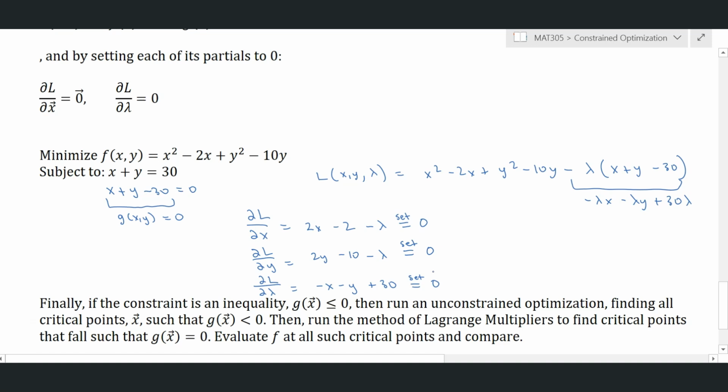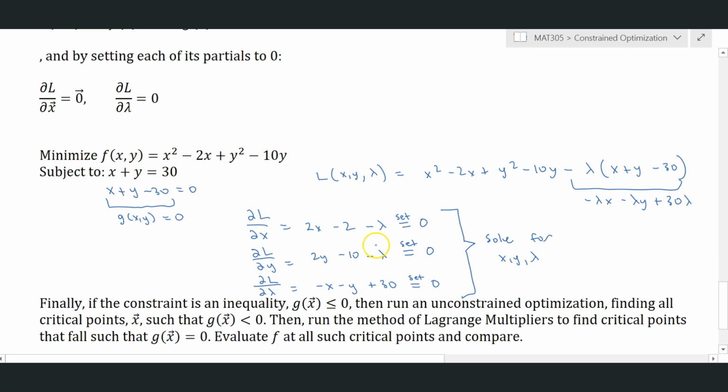So the Lagrangian just condenses everything down into one equation. Now the next thing we would need to do is solve for x, y, and lambda. So that's what we would end up getting.